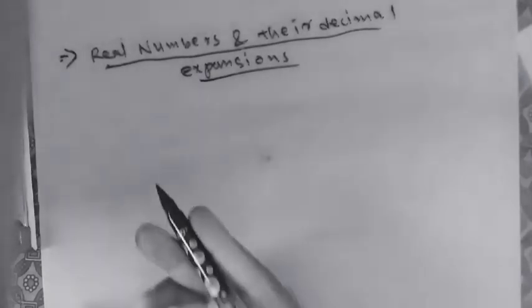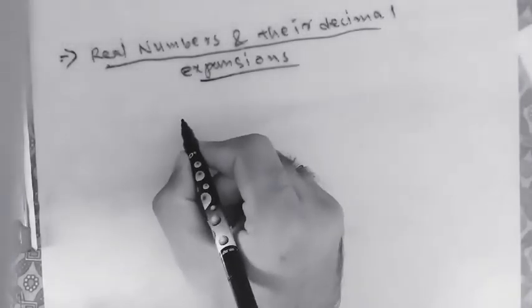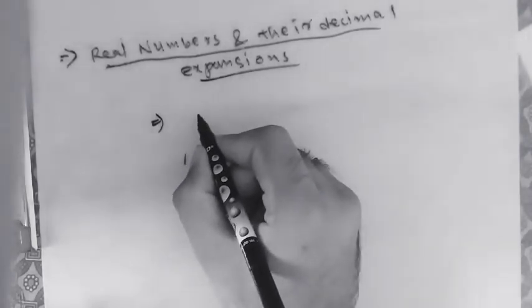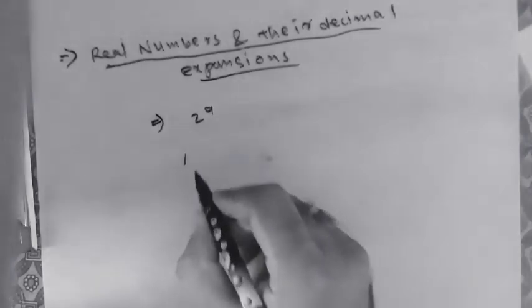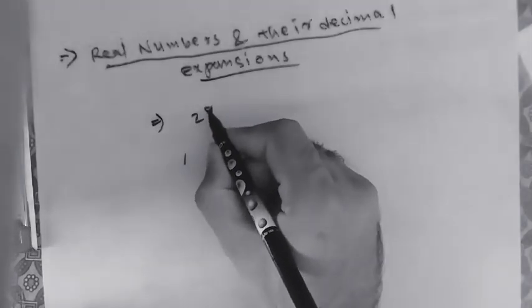Now we will show real numbers and their decimal expansion. How to represent real numbers in decimal form. It's very easy. Let me guess a real number like 29. Okay, 29 is a real number.